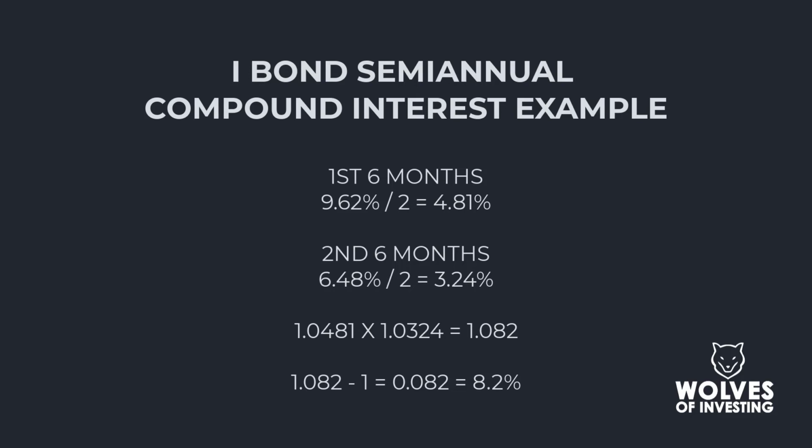You would then get 6.48% divided by 2, or 3.24%, for the second 6 months. Because the interest compounds semi-annually, your total interest in this example would be 1.0481 times 1.0324, which equals 1.082. Subtract 1 and we get 8.2%. I also go over this example in depth in this video, so check it out to learn more.